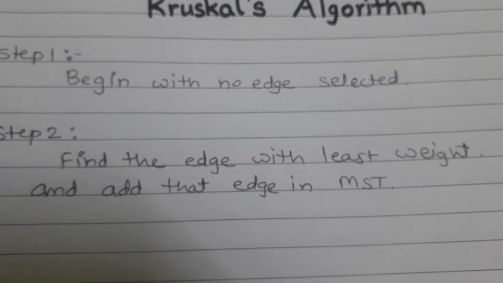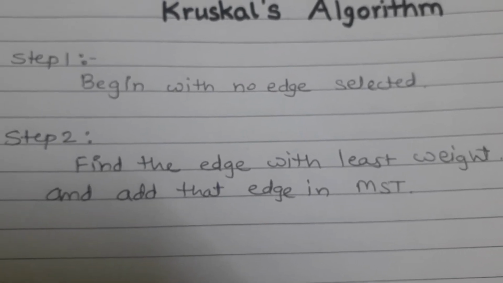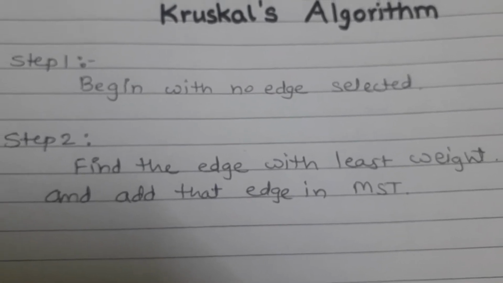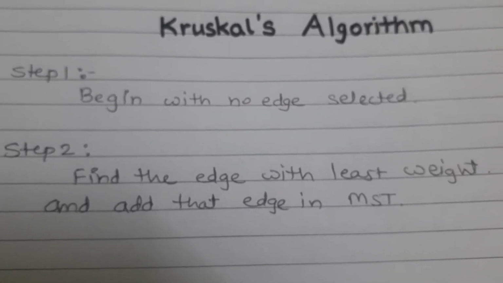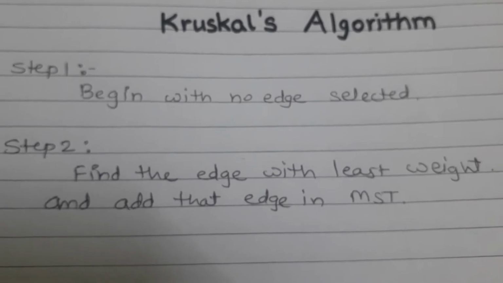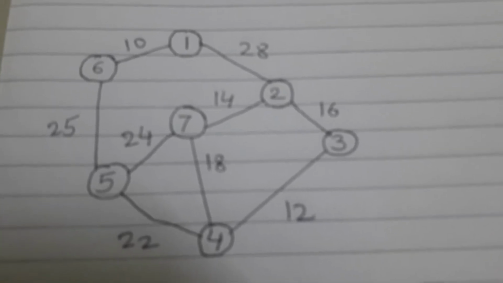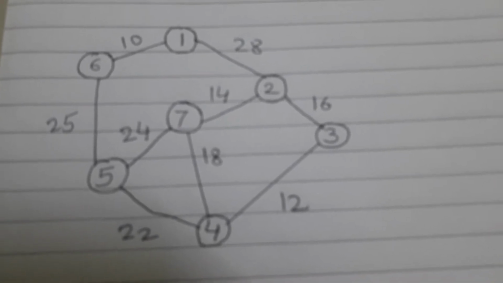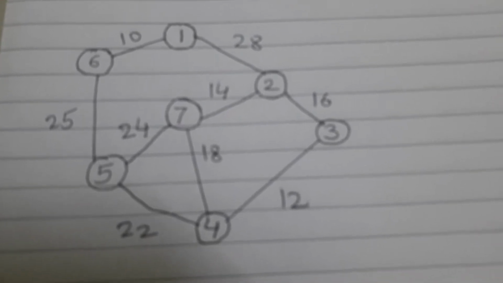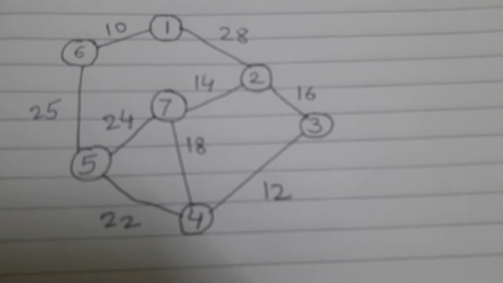Now for simplicity, we will see one example. With that example, we will show how to find the minimum cost spanning tree with the help of Kruskal's algorithm. This is our undirected weighted graph, and for this graph we have to find the minimum cost spanning tree by using Kruskal's algorithm.